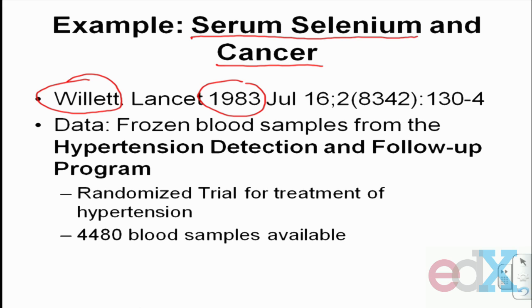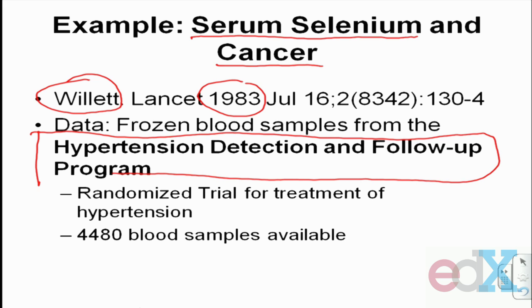The closed cohort study was actually a randomized controlled trial, called the Hypertension Detection and Follow-Up Program. You can read about the reference of that in Dr. Willett's paper if you want.